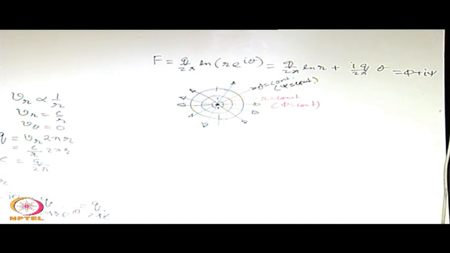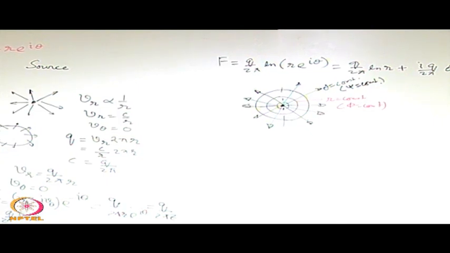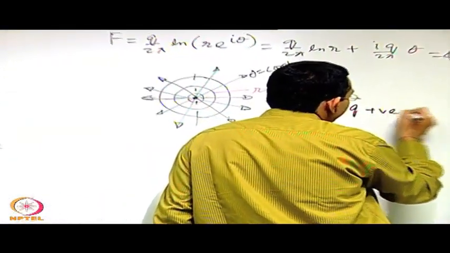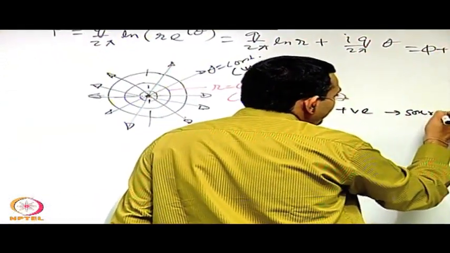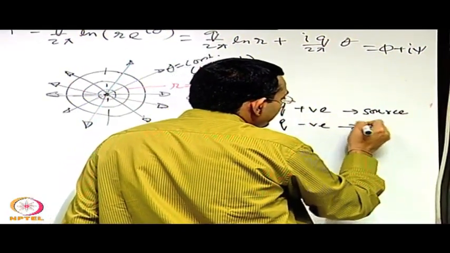If the flow is in the opposite direction, that means instead of radially diverging, it is converging to the origin, then we call it a sink, in place of a source. So if Q is positive, we call it a source. Till now we have implicitly presumed that Q is positive, but if Q is negative, we call it a sink.